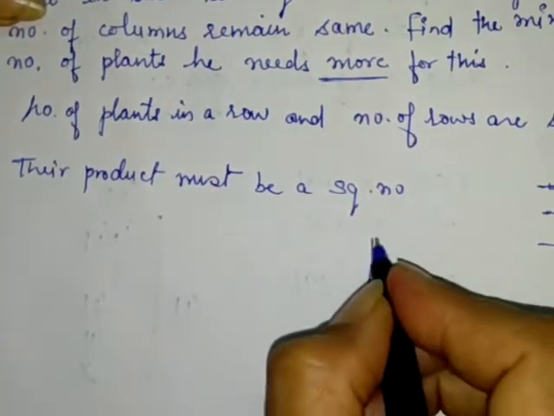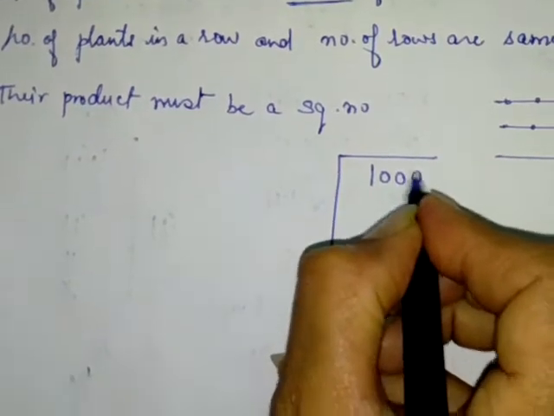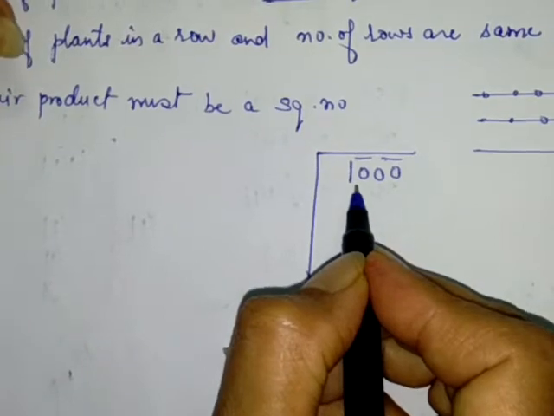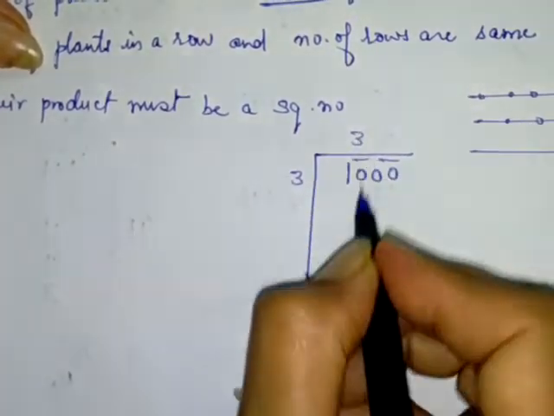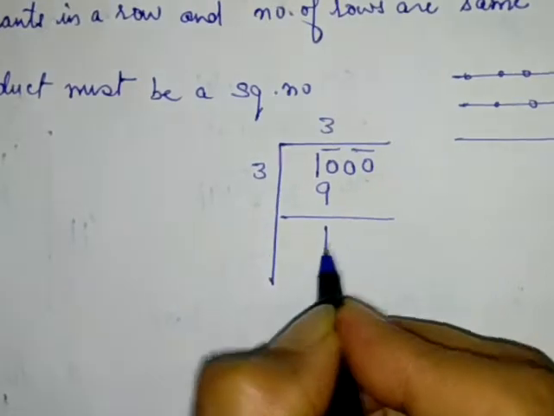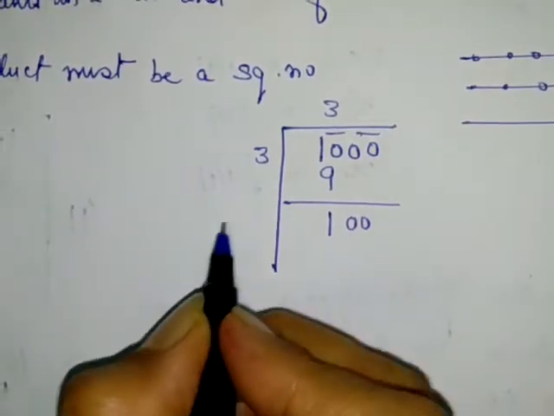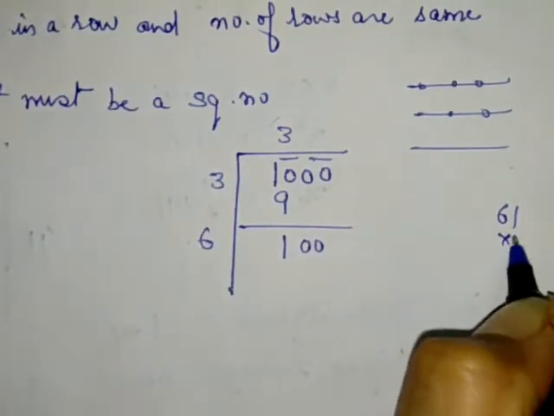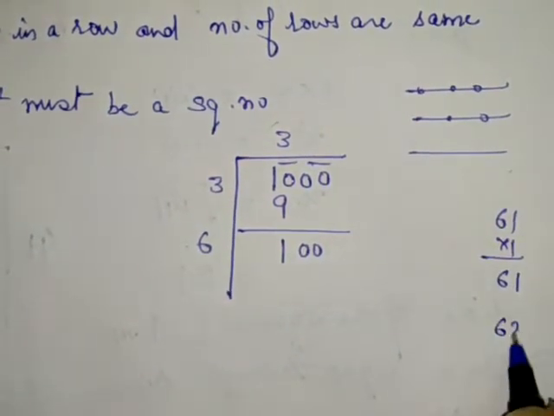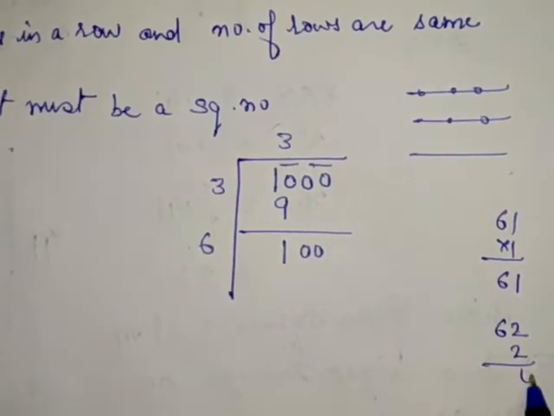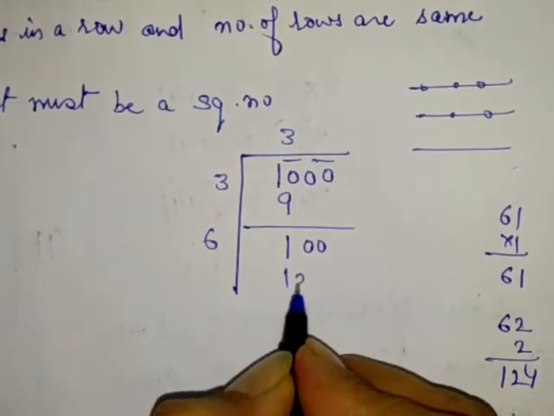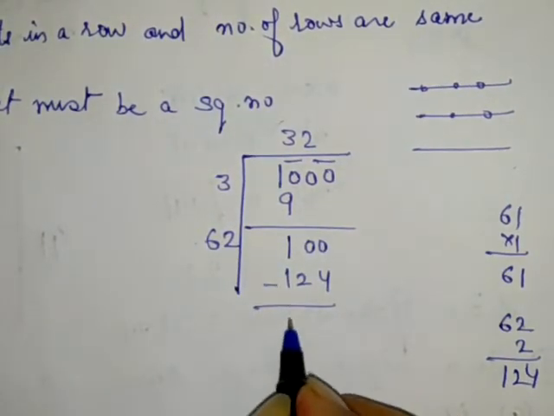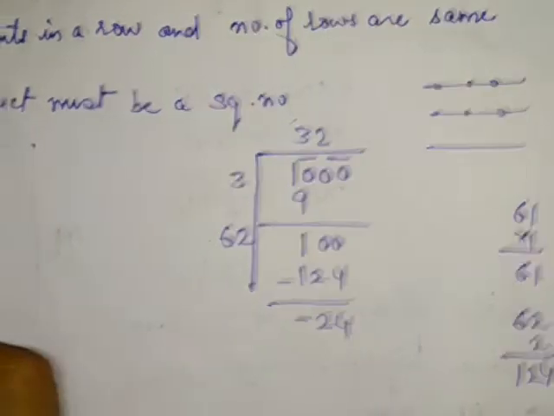So something must be added, how do we do it? We have done it in question number 5 of our exercise. Pairing. 10's closest perfect square is 3 into 3, so 3 3s are 9. 1 next pair 00. In the divisor we had to double it, 3 2s are 6. Now 61 into 1 is 61, and I will prefer the greater number, so 2 2s are 4 and 6 2s are 12, so how did 124 come? 2 pe. We are subtracting it, so the remainder is minus 24.